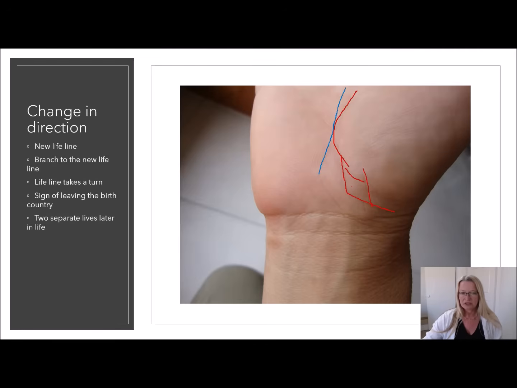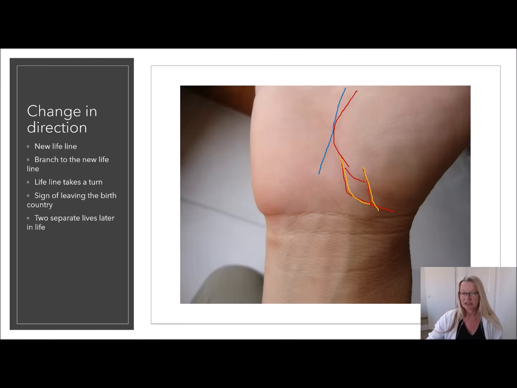Now, the other thing that I mentioned, that I often see this marking the same at the start of the lifeline as well as down the bottom. And most of these people have left their country of birth. So it's a sign of one lifeline representing the original country of birth, and the second part of the lifeline representing the new country. So in some cases, we look at these lines as to what happened early in life.